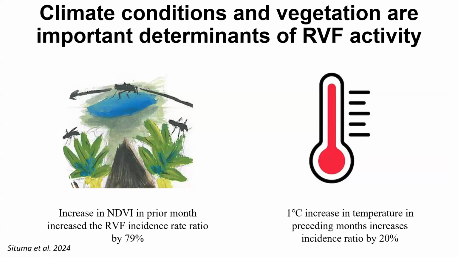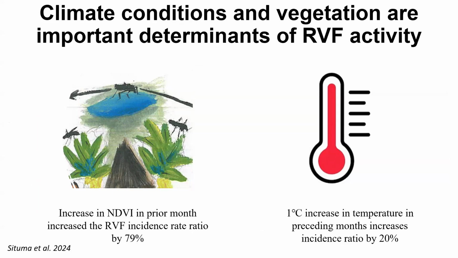And we did some statistical analysis to understand how precipitation as well as vegetation conditions and temperature can impact RVF. The key message from those analyses was that there's a higher likelihood of RVF incidence following precipitation, which results in an increase in vegetation.